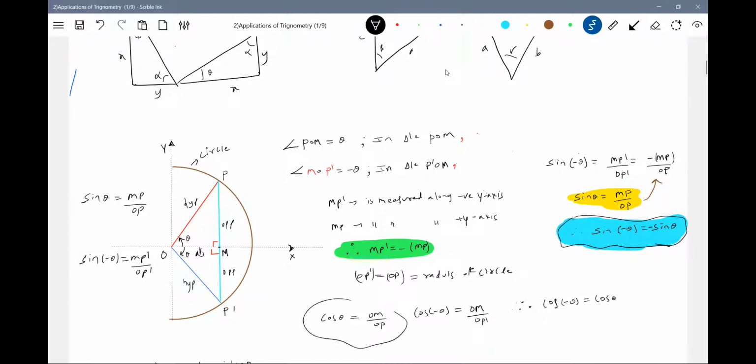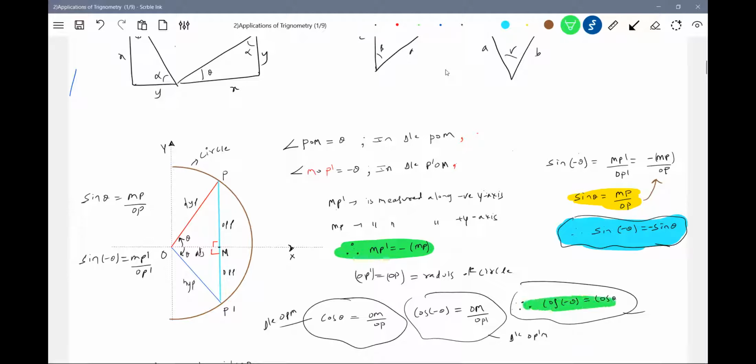This is for triangle OMP, and this is for triangle OP dash M. Therefore we can conclude that cos of minus theta is equal to cos theta. One more identity is what we have brought in.